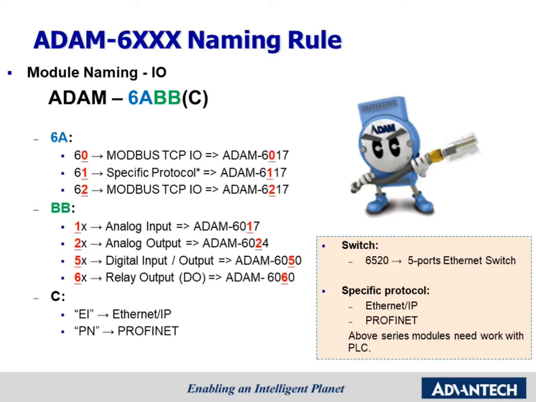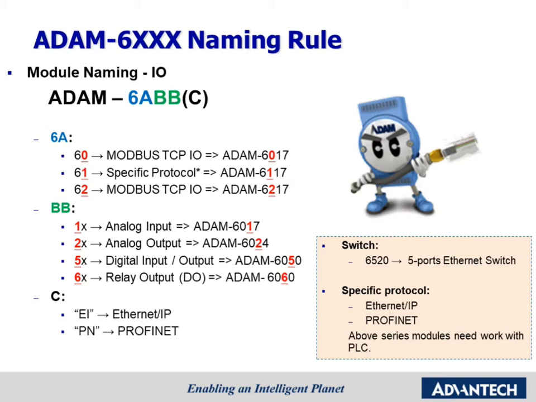This slide is the naming rule for ADAM, which can help us identify the type of module by its module name. The first two digits mean the protocol. 60 and 62 are both Modbus TCP, while 61 means a special protocol, such as EtherNet/IP and Profinet, and we use the C digit to specify the protocol.